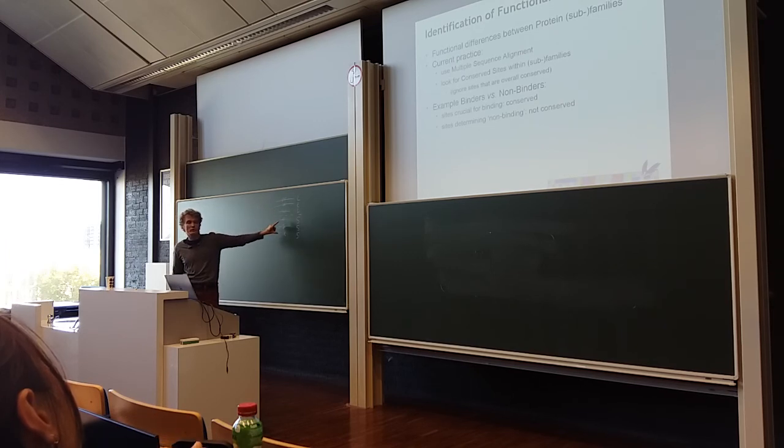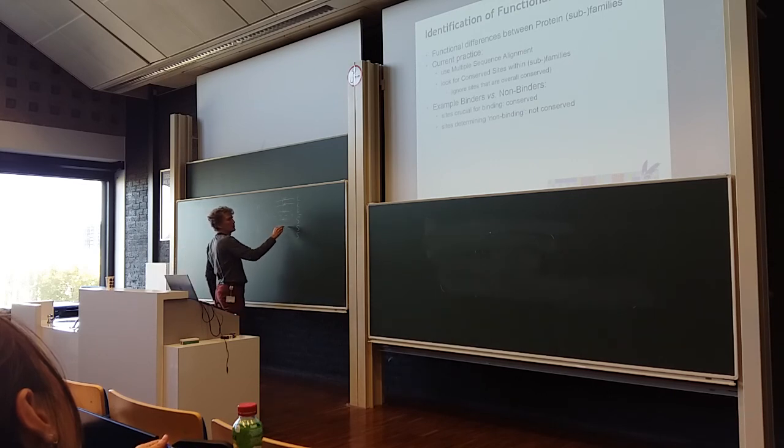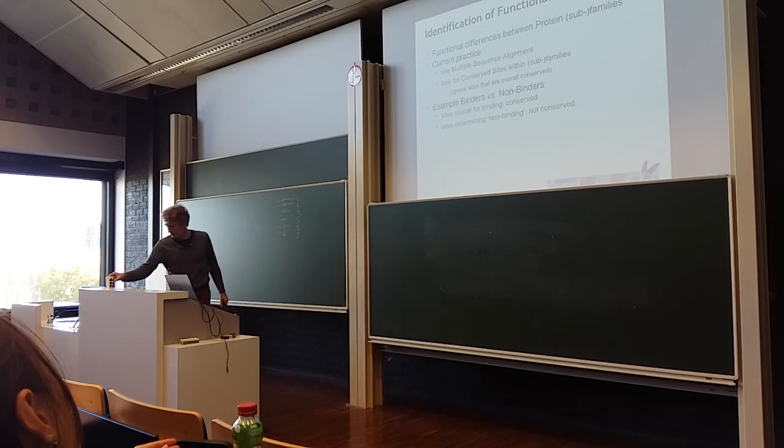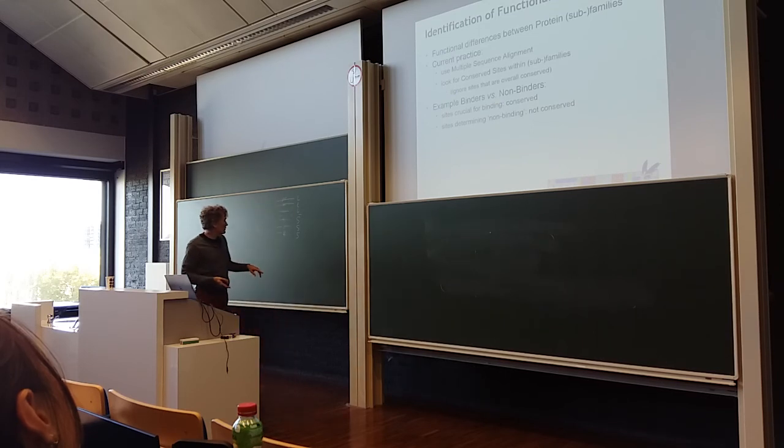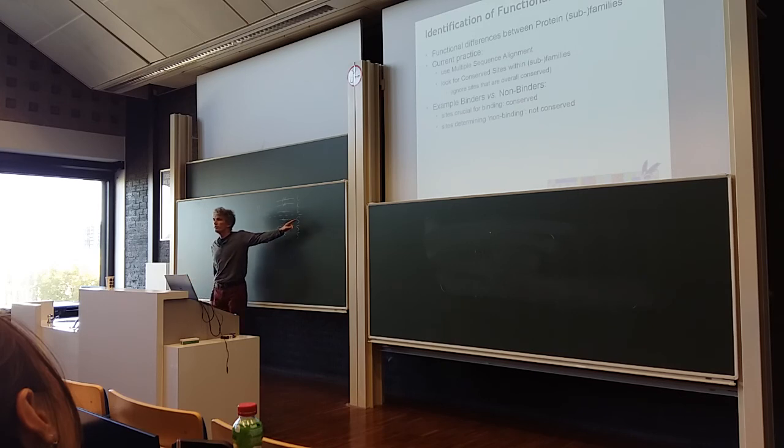They won't even consider this case as being somewhat conserved, because they'll just say, oh, they're different. Actually, it turns out that this case is much more common than this one.